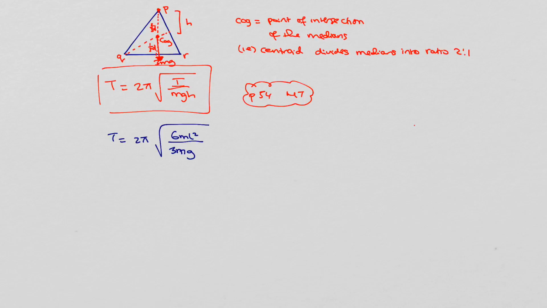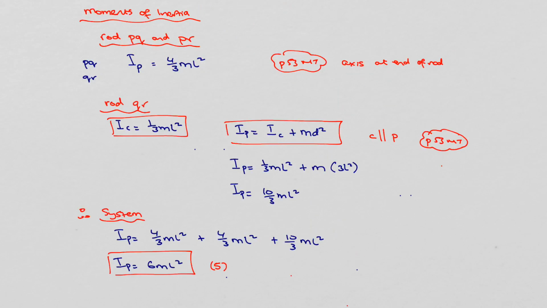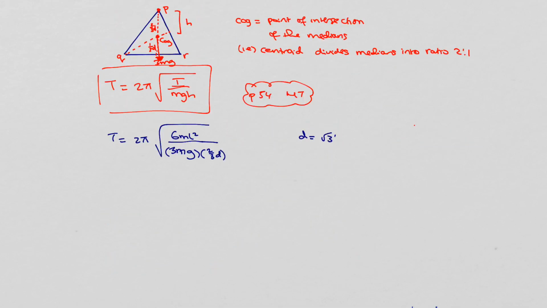And of course then h is 2/3 of d. But d, we said, was root 3 L. So if I sub that in, we have 6ml squared over 3mg times 2/3 root 3 L.